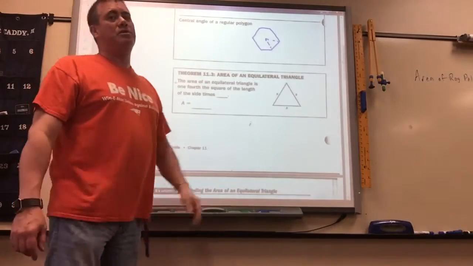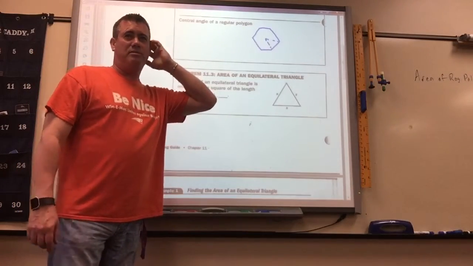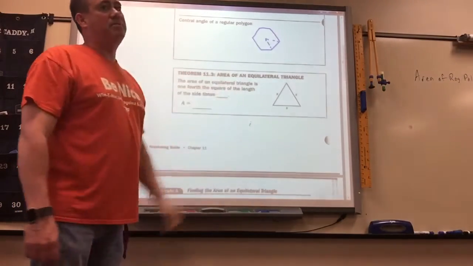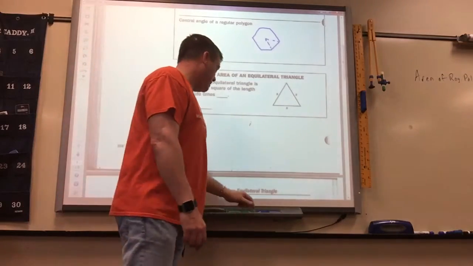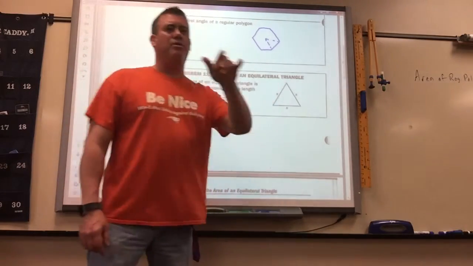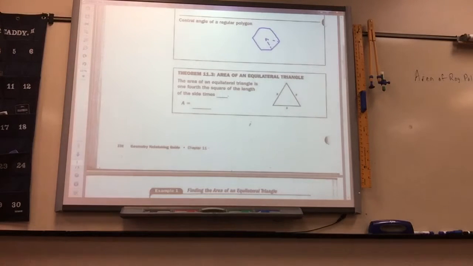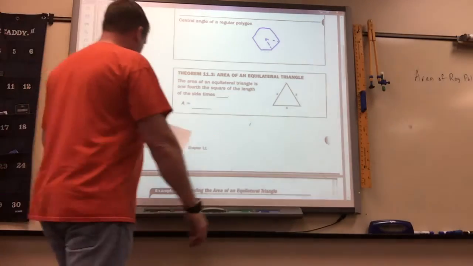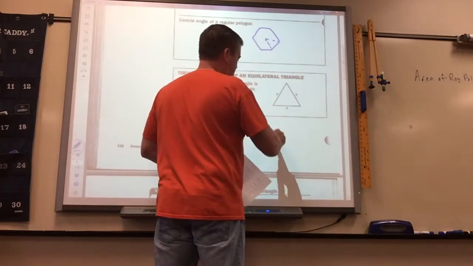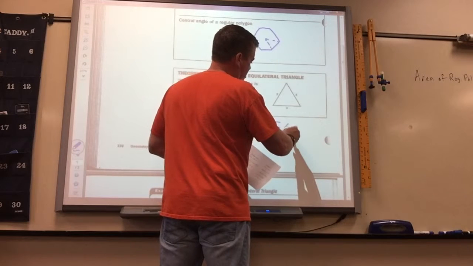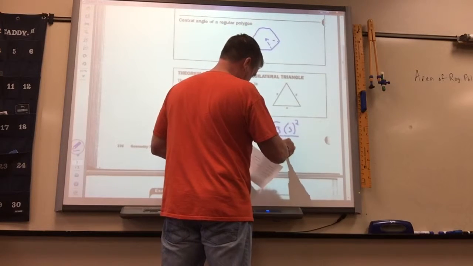Now, the equilateral triangle has its own formula. You can use AP divided by 2, but if you notice, is it on the bottom of your formula sheet? Yep. Formula for equilateral triangle: it's the square root of 3 times the side squared divided by 4.